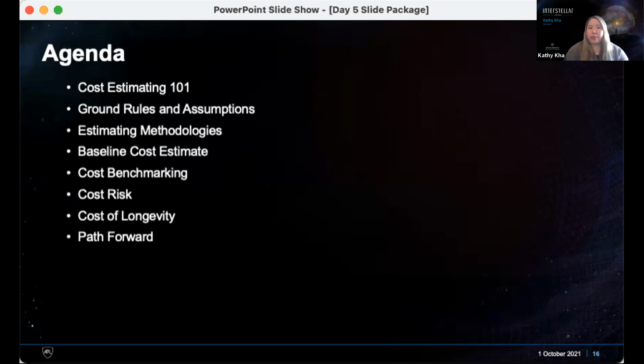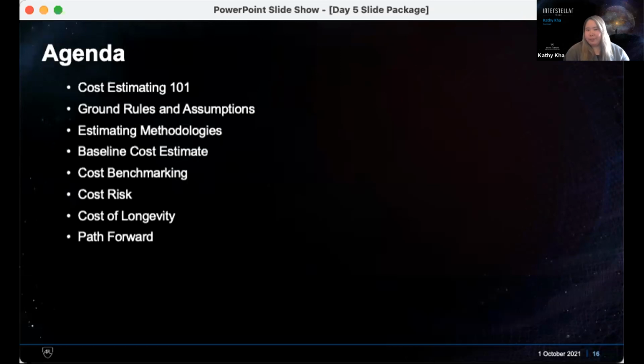I'll then go through the estimating methodologies that we used. They vary based on which one was appropriate depending on which WBS we were looking at and even which phase we were looking at. So we'll go through that after that.